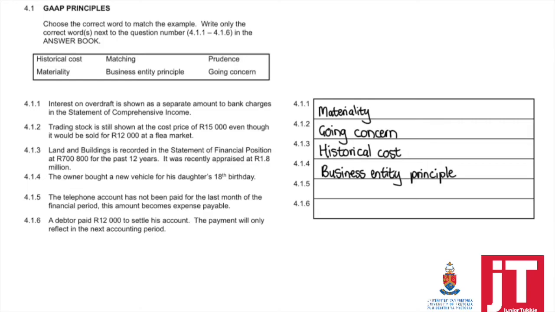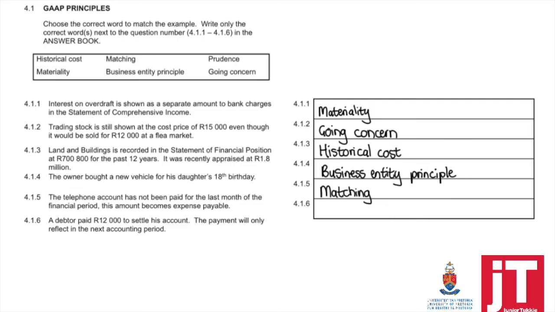And that's why we need to show it. But this is not paid yet. It's still outstanding. So it goes to expenses payable. We're adding it to our telephone expense account, and we're going to take it to expenses payable. All income and expenses must be shown for 12 months.